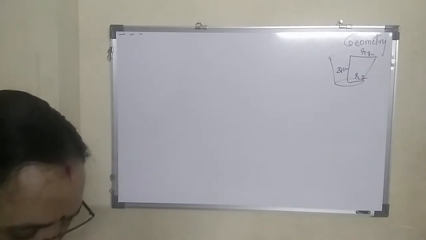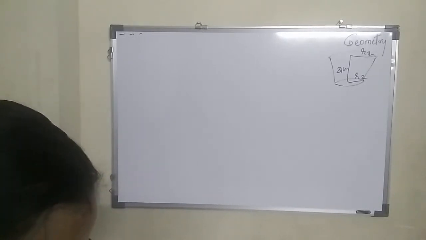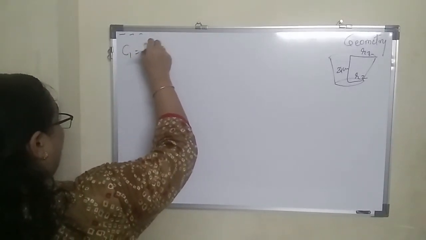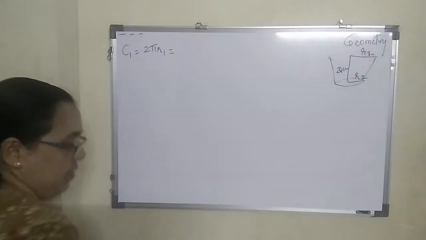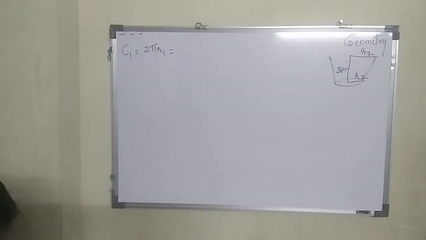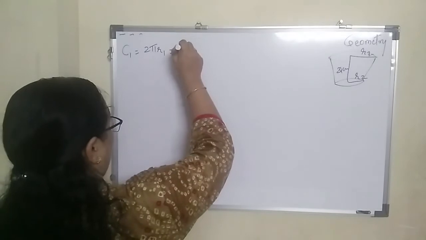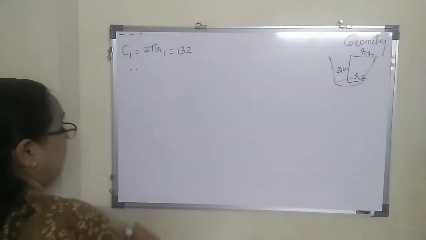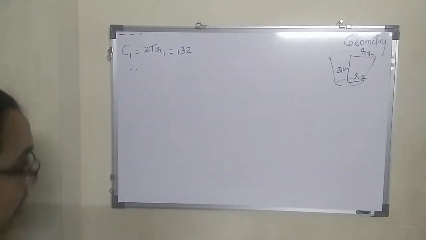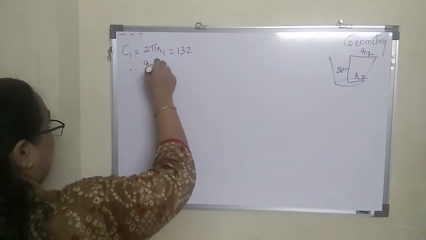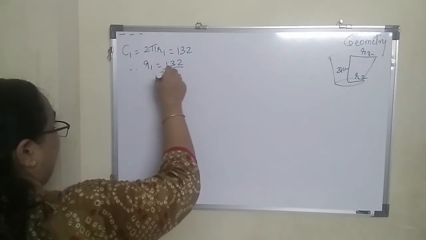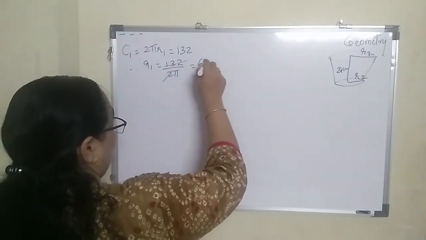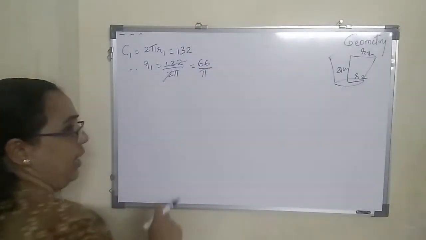Let us see how the steps are going. We go along with the steps given here. The first circumference, which is 2 pi r1, is given as 132, the greater one, because r1 is greater. Therefore r1 is 132 upon 2 pi, so 2 cancels and 132 gives you 66 upon pi.